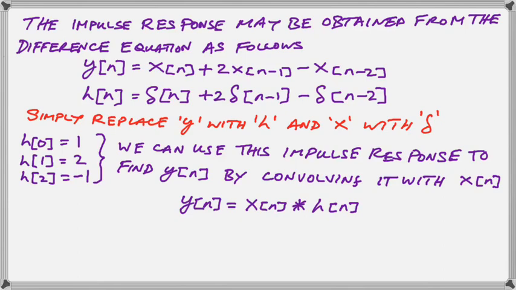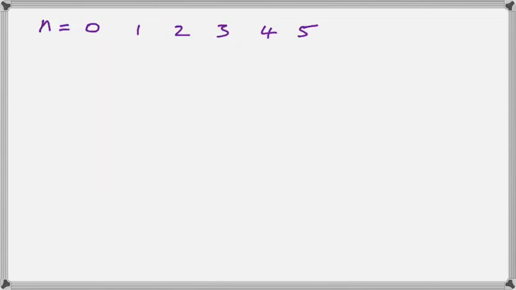Okay, so what happens now is that we want to convolve this impulse response with the input table x[n] to produce our output y[n] for our DSP. And we shall do that now. First, we write out the value of n from 0 to 5 in a sort of spaced format so that we can develop our columns underneath each number.